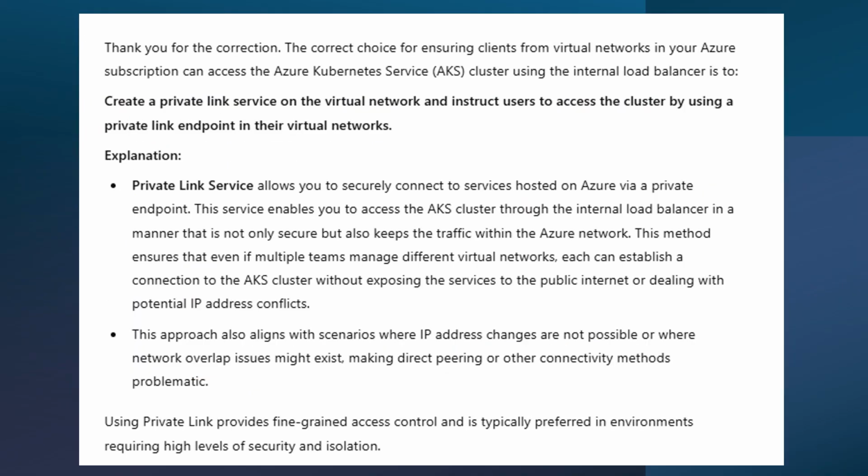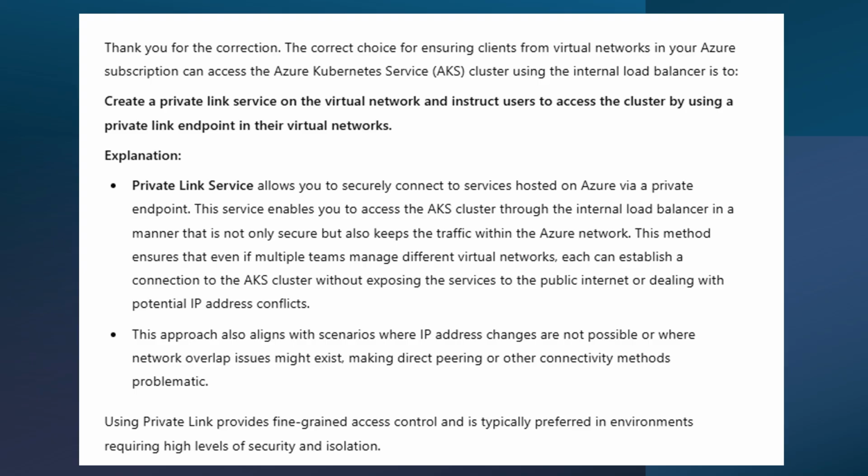The correct choice for ensuring clients from virtual networks in your Azure subscription can access the Azure Kubernetes Service AKS cluster using the internal load balancer is to create a private link service on the virtual network and instruct users to access the cluster by using a private link endpoint in the virtual networks.